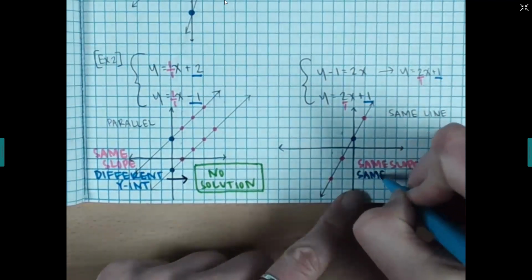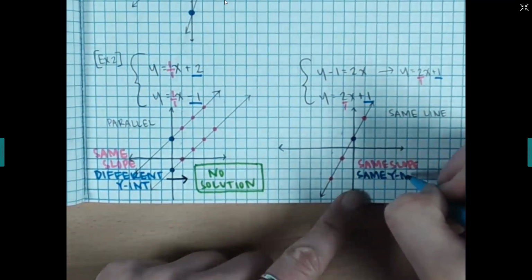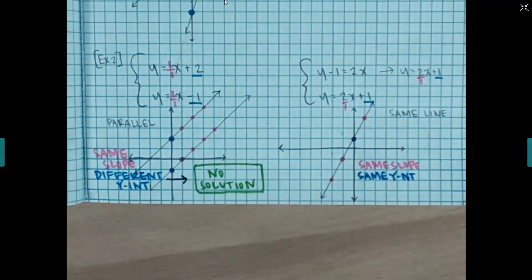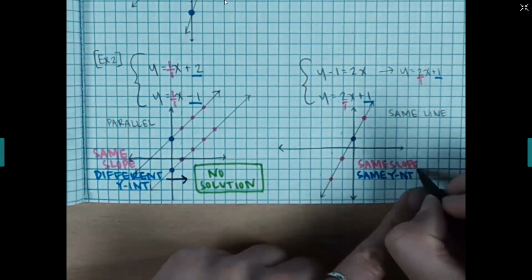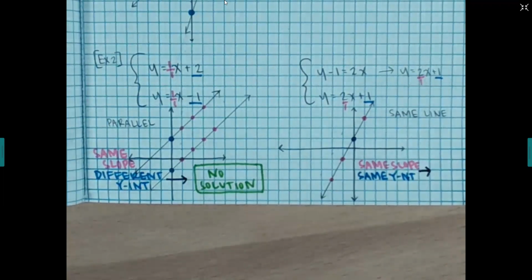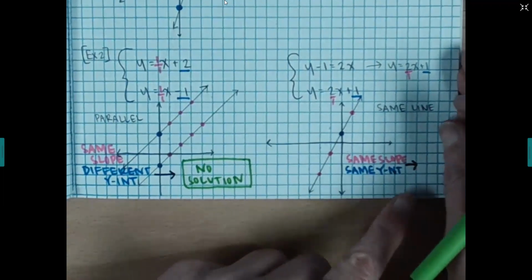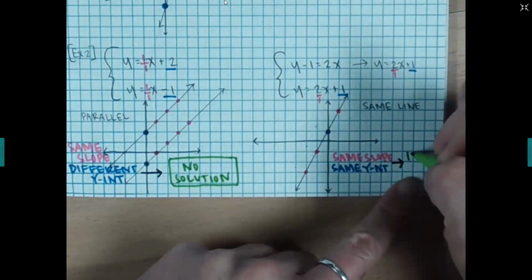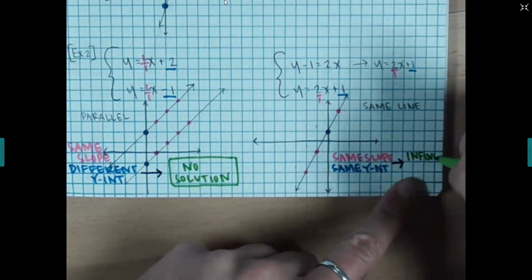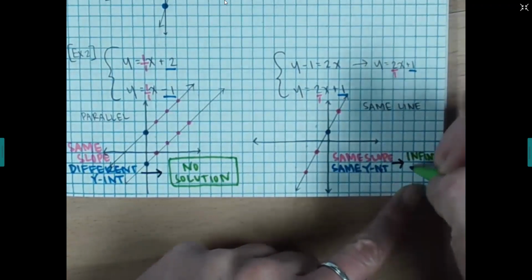So both are the same. And this means that every single ordered pair on those two lines works. So we have infinite solutions.